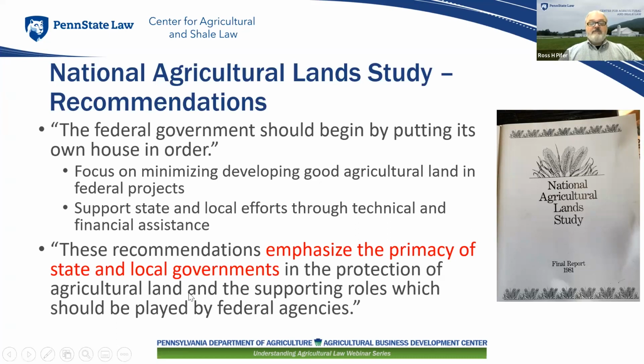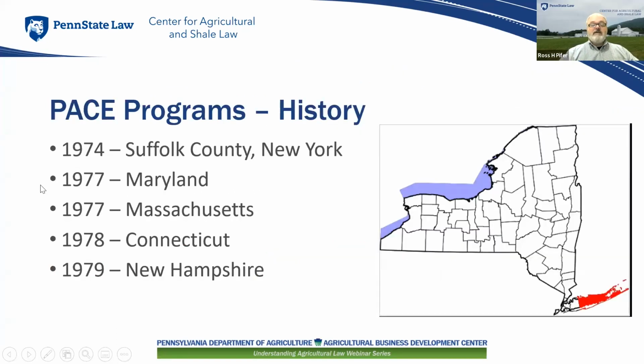But the federal government also needed to focus its efforts, in areas in which it was operating or had programs, to make sure that it was not doing things that would contribute to the loss of agricultural land.